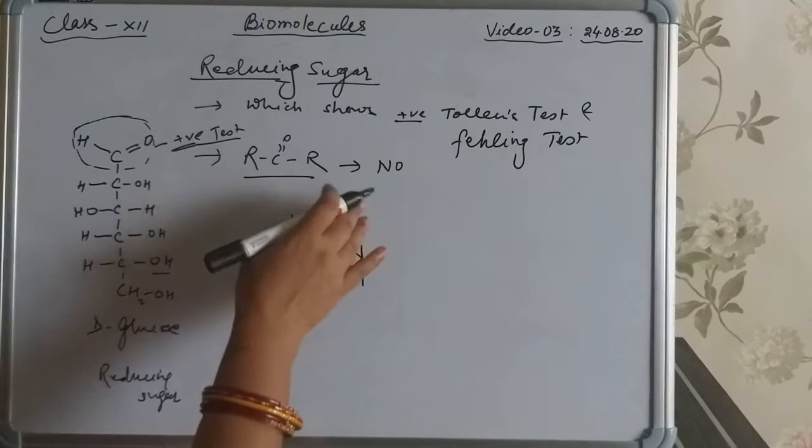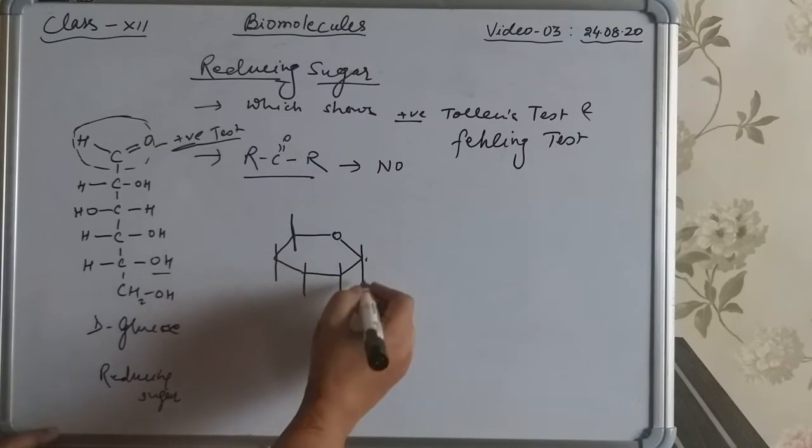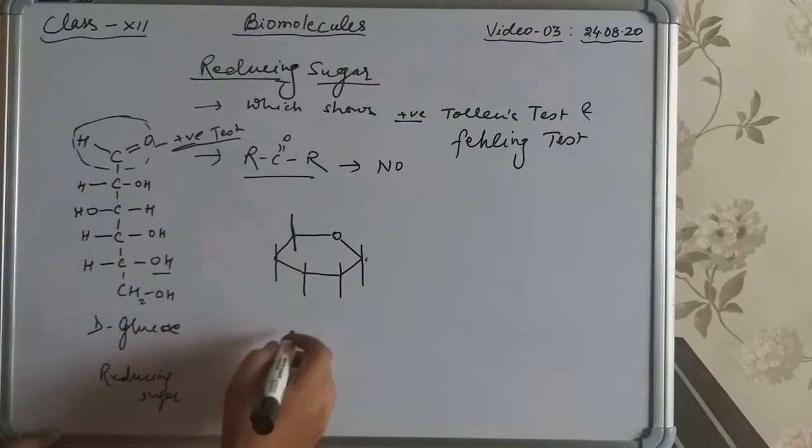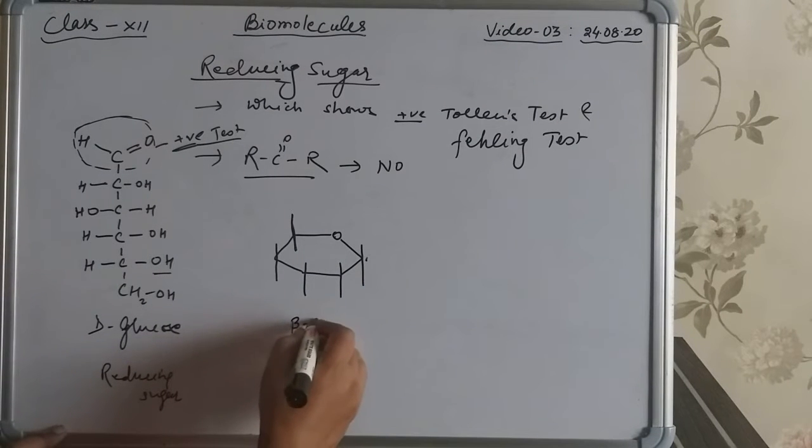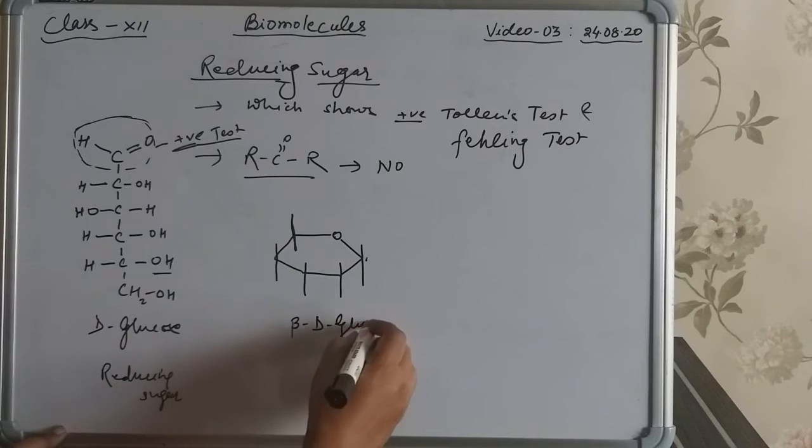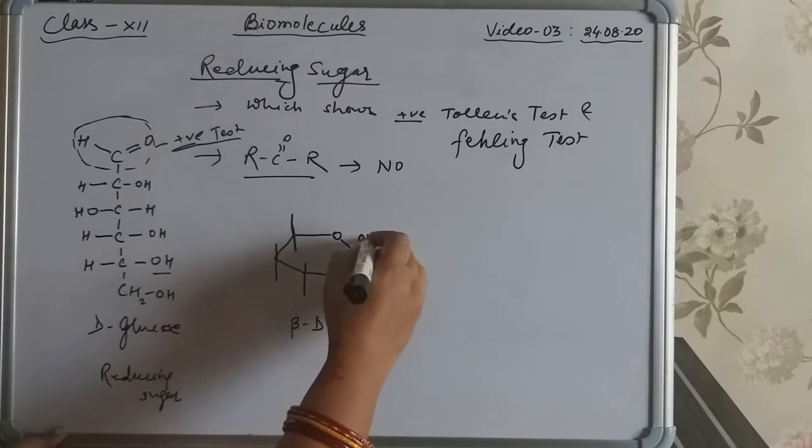If the OH group is present on the left side, suppose this is the first carbon, in that case it is called the beta form. So it is beta-D-glucose because we placed the OH group here.